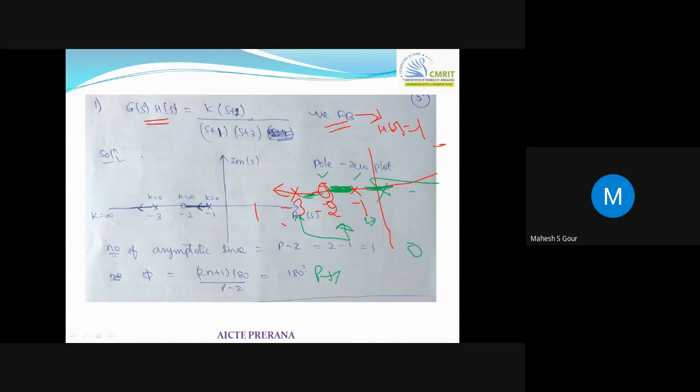So p plus z is the number of poles and zeros on the right hand side of that area, 1 pole and 1 zero, so it will become 2. 2 is an even number, not odd. So the root locus is not present here.